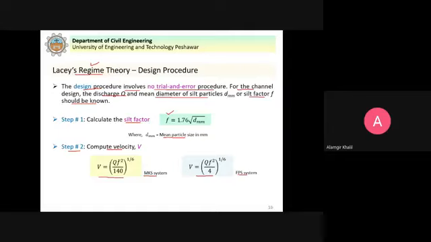You can read in the book how these equations are developed, but no need to derive them here. Clear? Using these equations, we will be able to calculate the velocity. Now the discharge is given and the velocity is calculated here. We can calculate the cross-sectional area of the channel by dividing the discharge by the velocity.